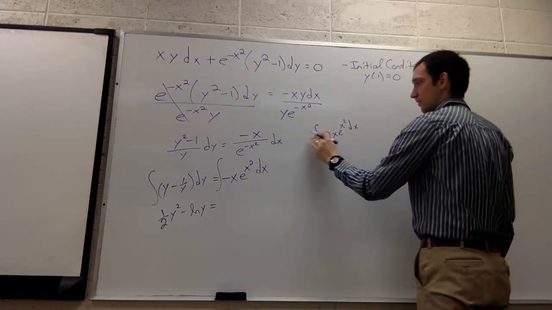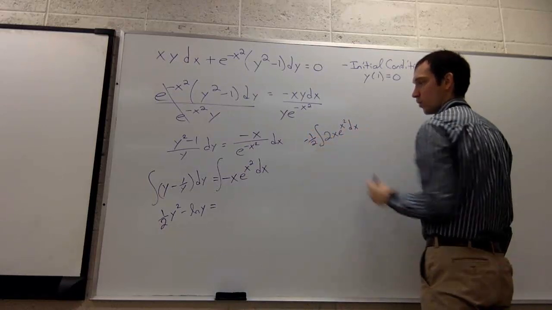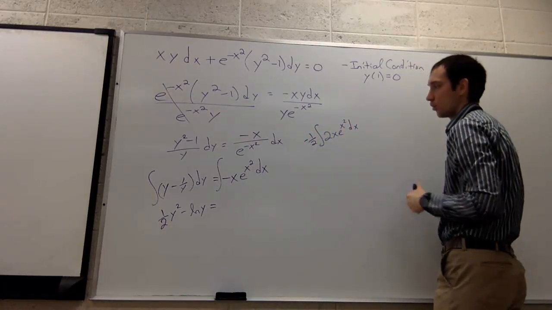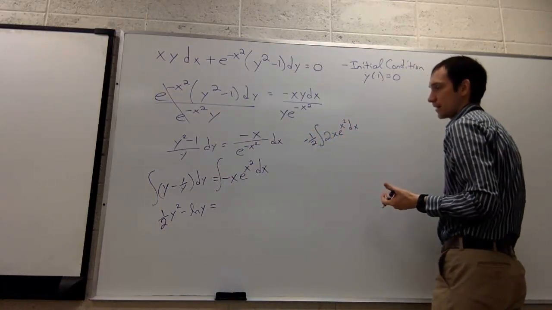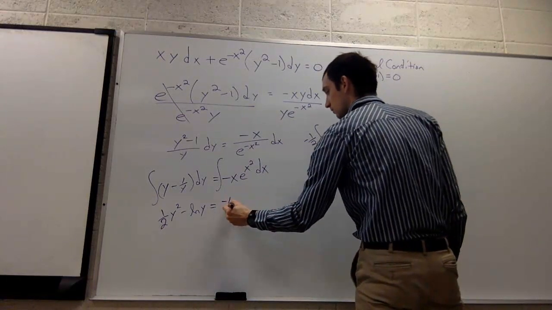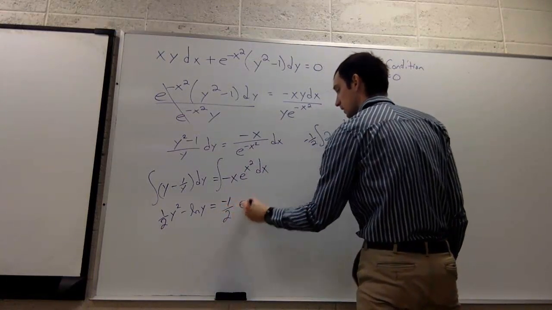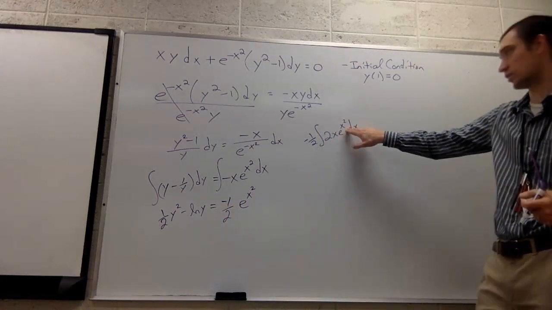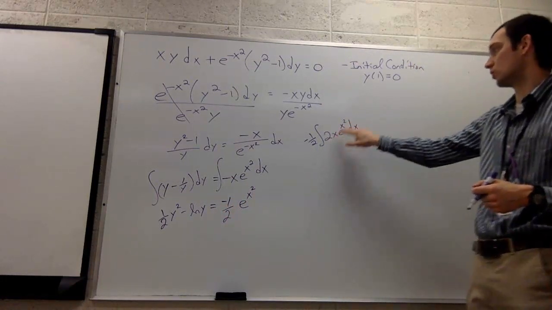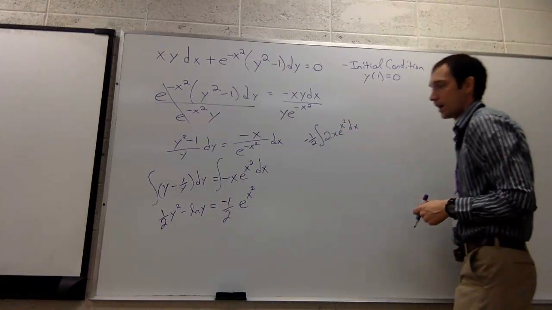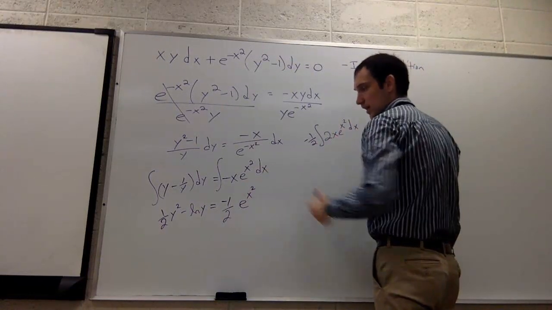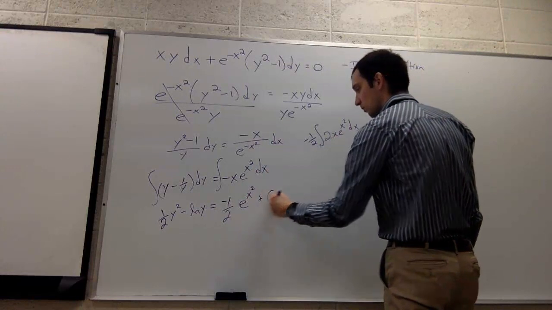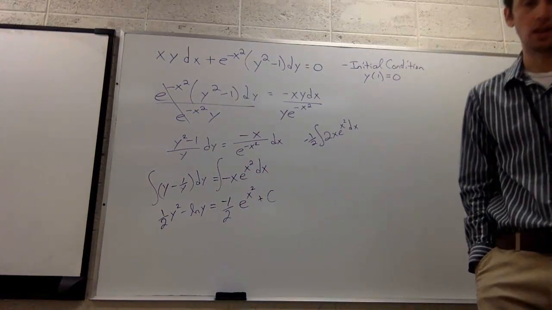And to compensate for that 2, let's multiply by 1/2 out front. When you integrate that, it becomes negative 1/2 e to the x squared, because u is x squared, and du is 2x dx. Then the integral is e to the u, which is e to the x squared. Break out your plus c at that point.